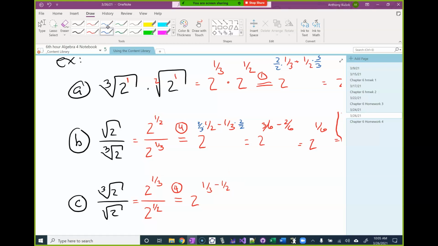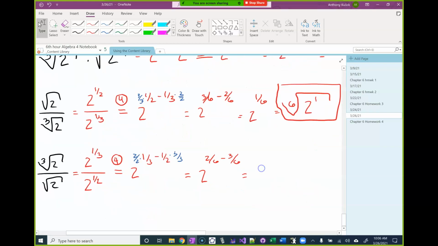To subtract the fractions, we'll make a common denominator, that common denominator being 6. So the first fraction I'll multiply by 2 over 2, the second fraction by 3 over 3. When I subtract 2/6 and 3/6, I get negative 1/6.